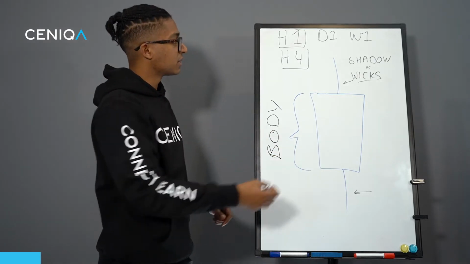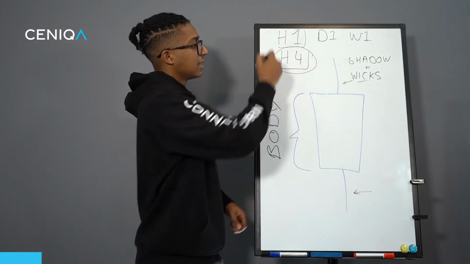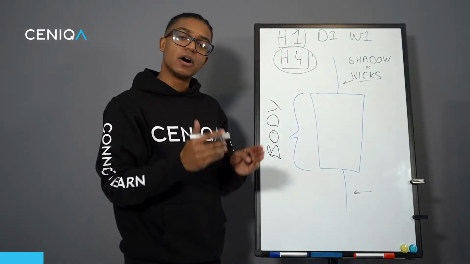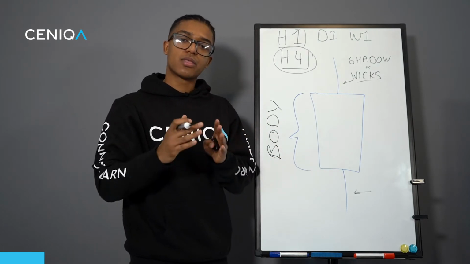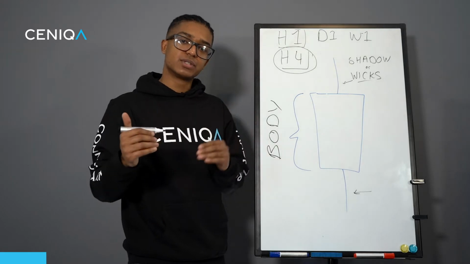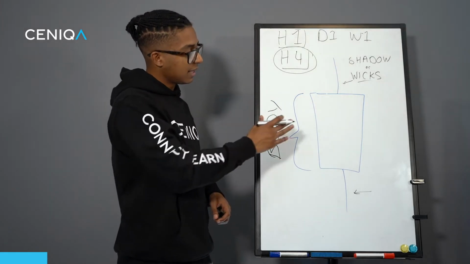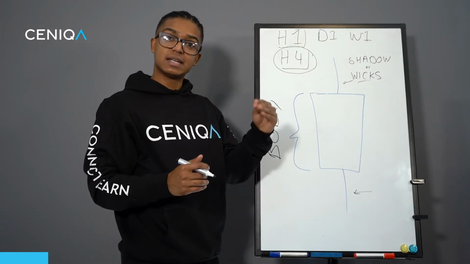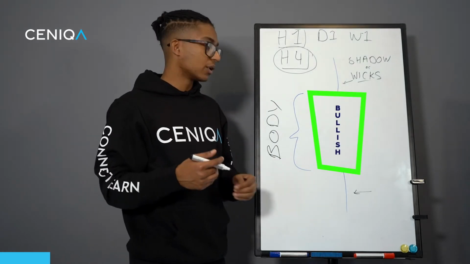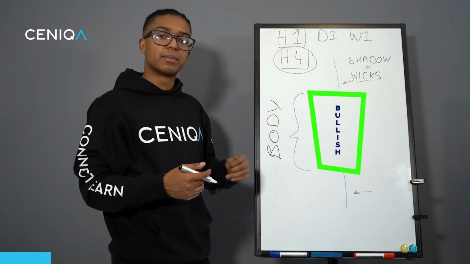For example, if we selected H4, the candles which we're seeing are each 4 hours worth of data, 4 hours worth of price moves. Now, if the candle is green, it's signifying that it's a bullish candle. Therefore, the candle is going up.